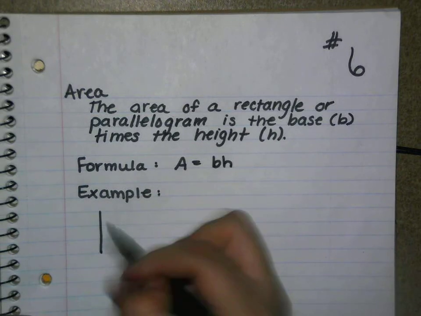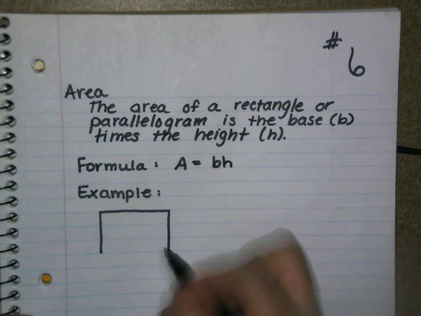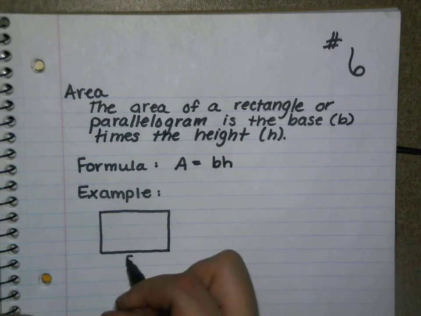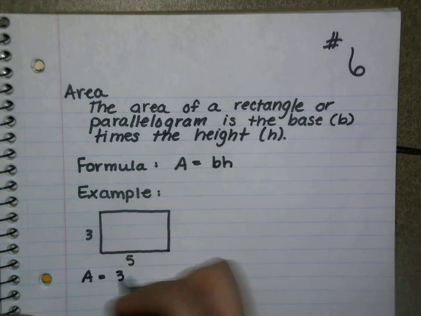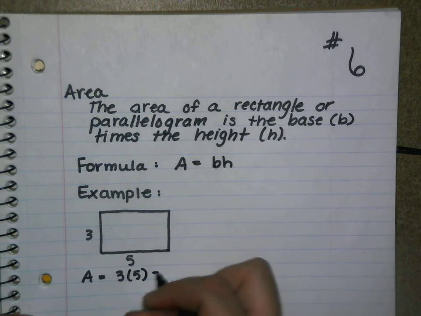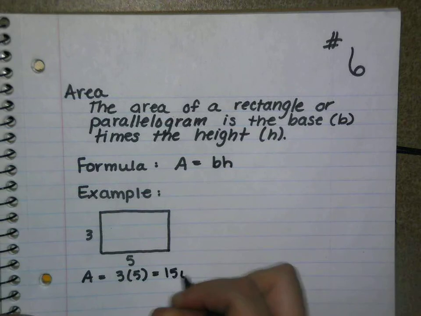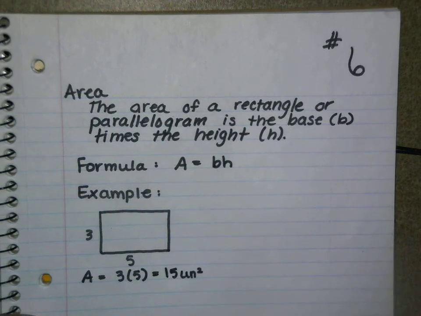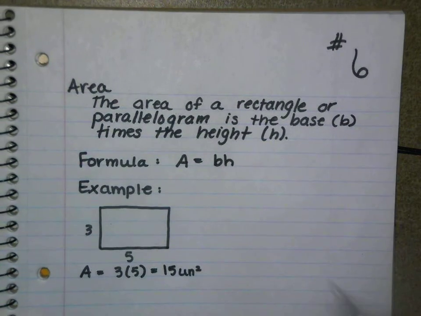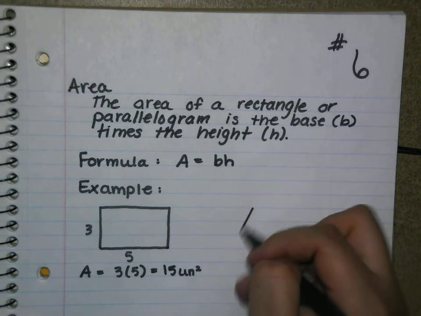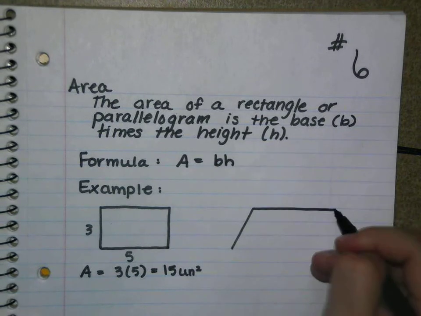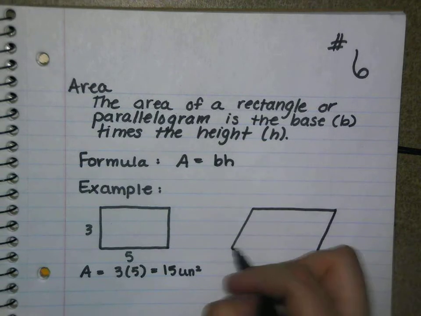Okay, and for the example, I'm going to use both a rectangle and a parallelogram so you see how that works. So in a basic rectangle, where we would have a base of 5 and a height of 3, we would have area equals 3 times 5, which is 15 units square, because we're talking about area here. Then a parallelogram would look something like the one we drew in our definition section.